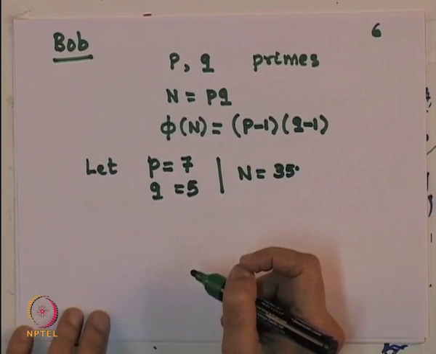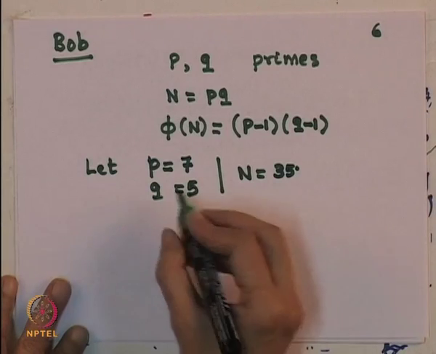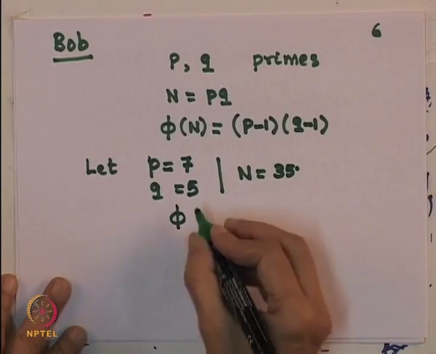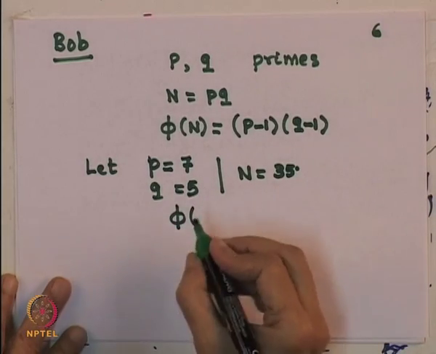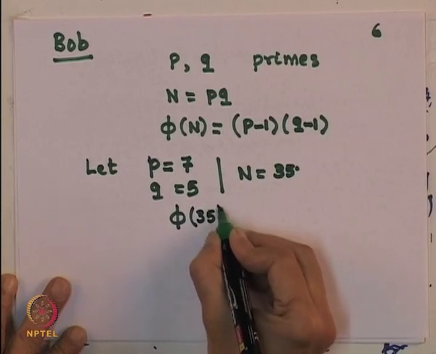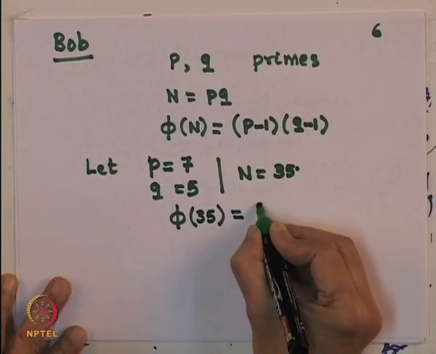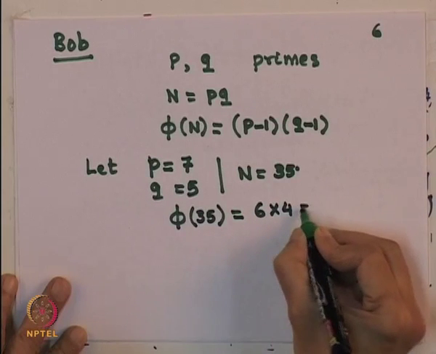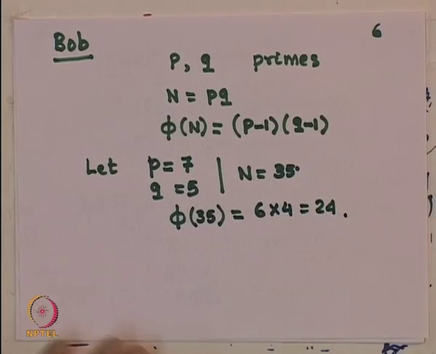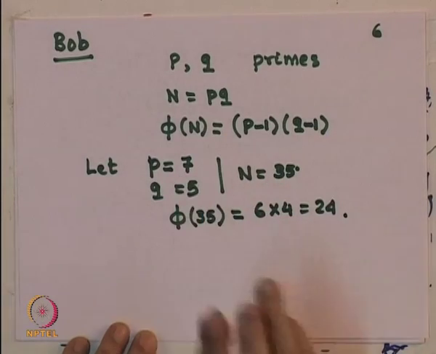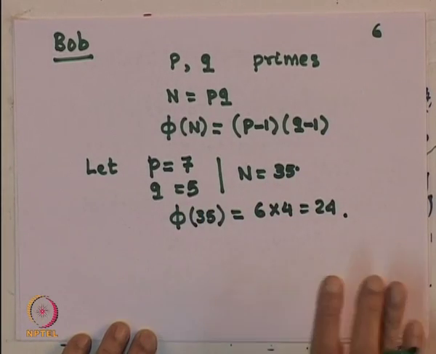Let's also write down phi of 35, which is (P minus 1) into (Q minus 1), which is 6 into 4 equal to 24. So these are things which Bob calculates because he is the person who has chosen the 2 prime numbers.